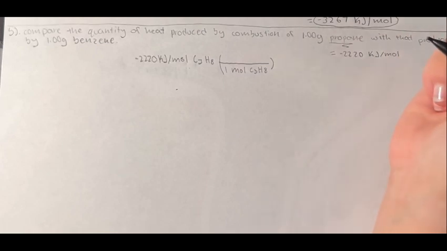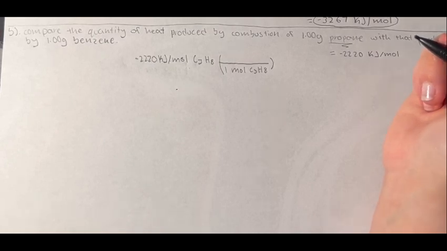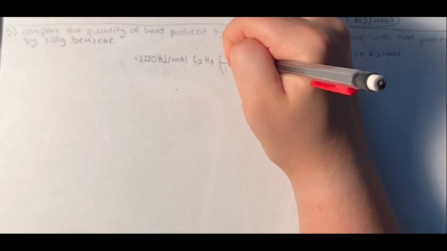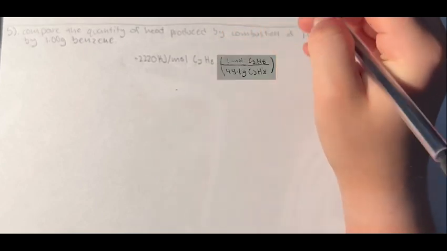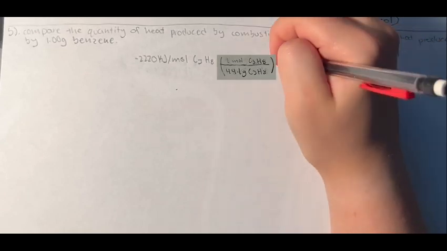Since we're going to need to do a mole to gram conversion, we're going to have to use our periodic table to figure out the grams per mole of propane, and then use that to get the kilojoules per gram of propane. So right there I actually made a little mistake, but we're just going to pretend that never happened.